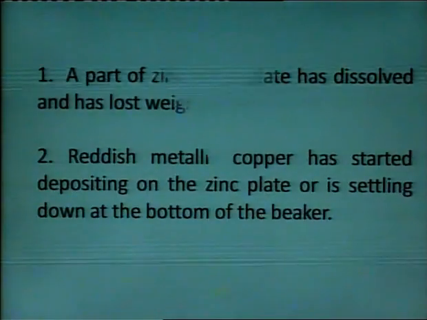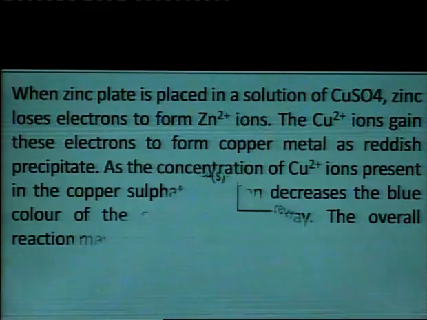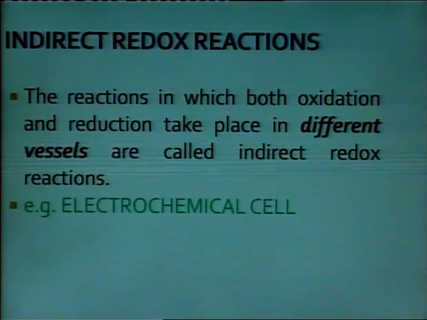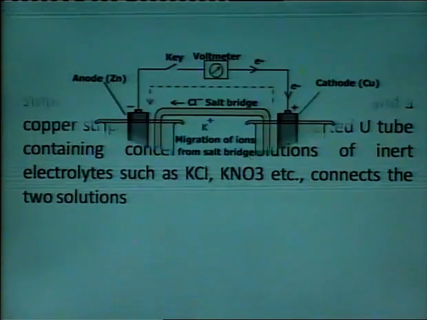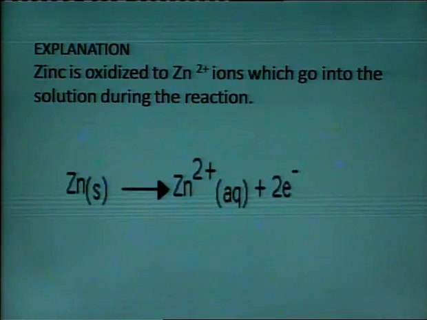So, what observations are observed, then explanation to all these 5 observations. Then we studied what are indirect redox reactions, their observations and explanation.